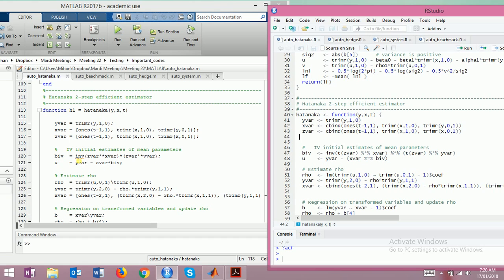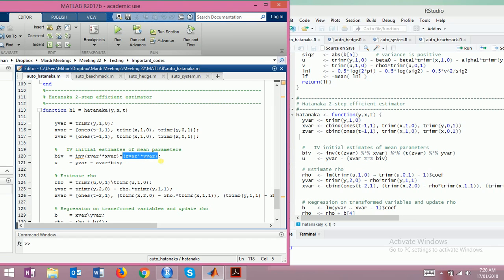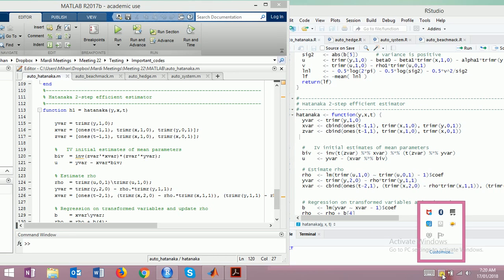So instrumental variable initial estimates of mean parameter. Beta instrumental variable is inverse of z bar transpose x bar multiplied to z bar transpose y bar. So zty divided by zt transpose x. All right.